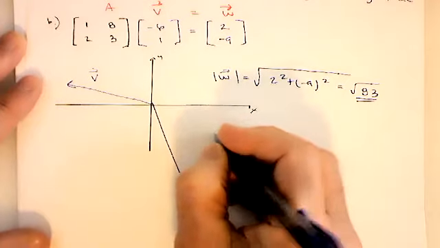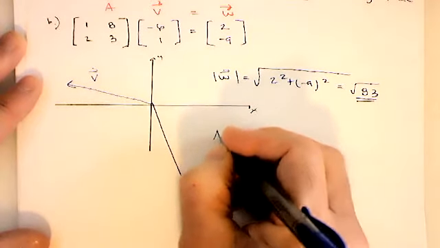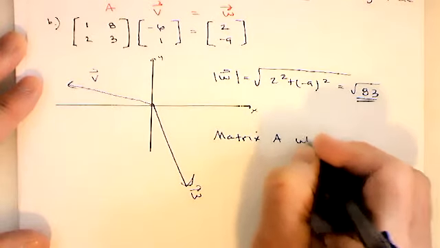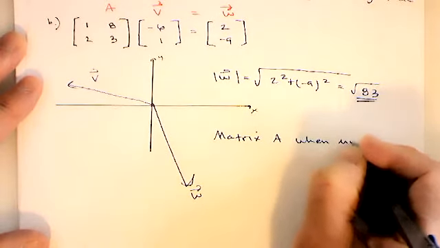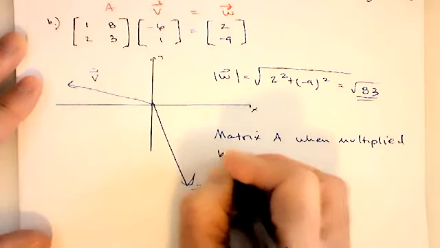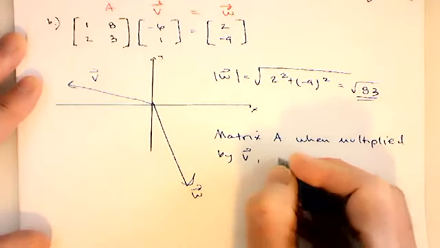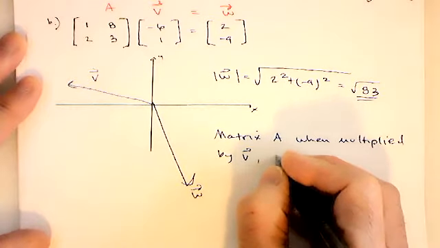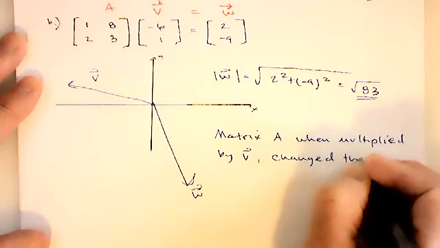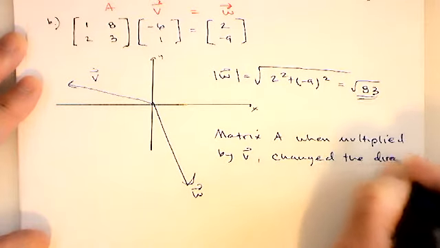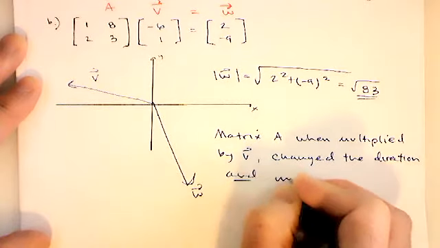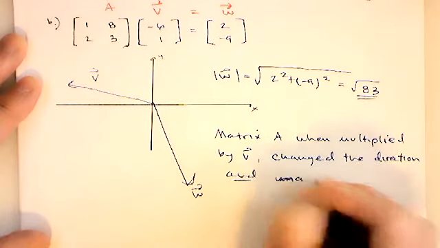So I would say matrix A, when multiplied by V, changed the direction and the magnitude.